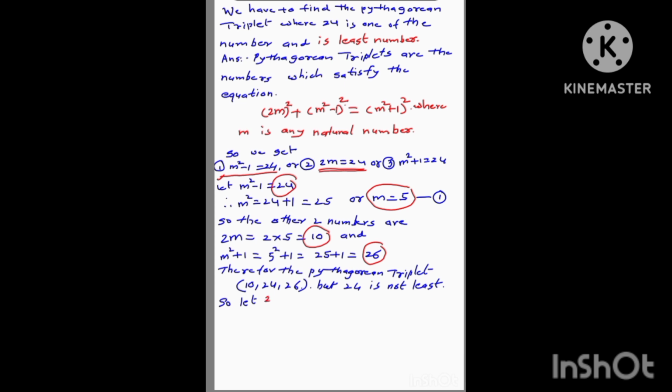We have seen m square minus 1 as 24, now we take 2m as 24. In this case, m will be 24 upon 2, which is 12. Now the other two numbers, m square minus 1 and m square plus 1, are still remaining.